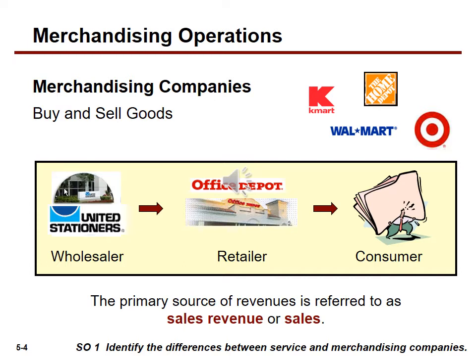Also, we have what are called wholesalers, and these companies usually act as the suppliers for the retailers. So they buy the goods and then sell them not to the end customer, but to the retailer who's ultimately going to sell these products individually to customers.